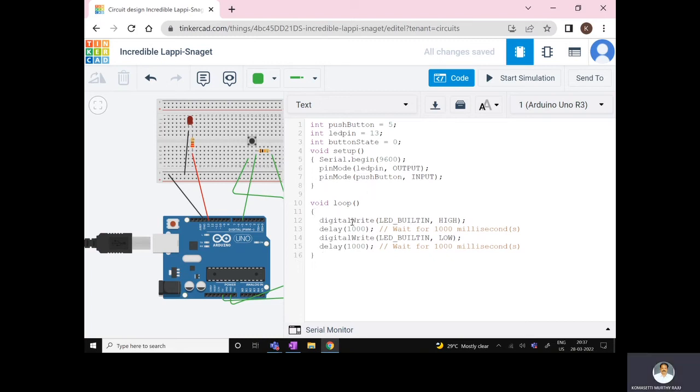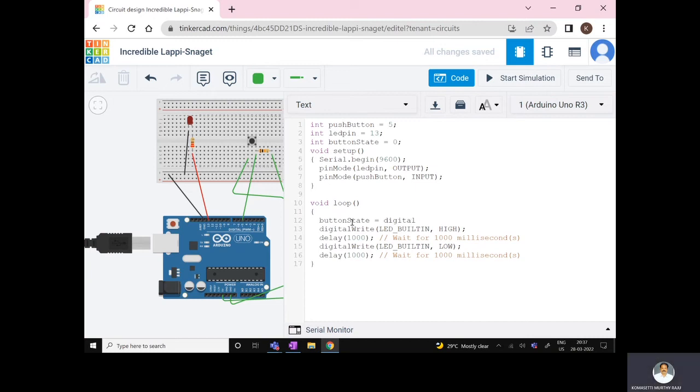Next one is the execution block. Here button state is equal to digital read.